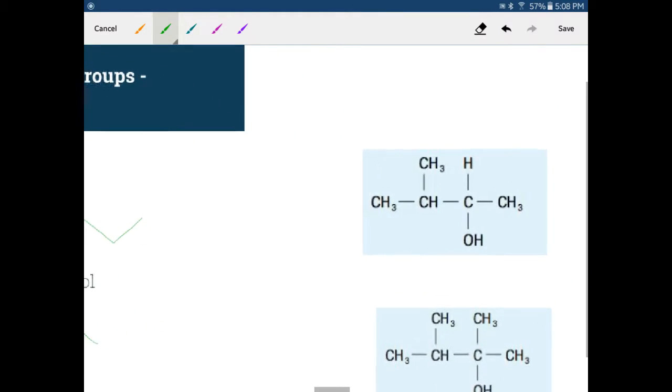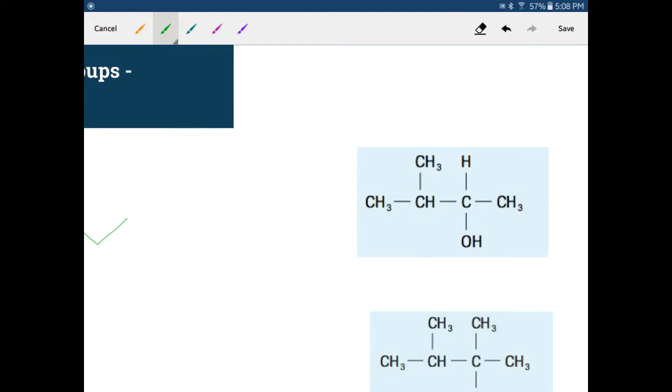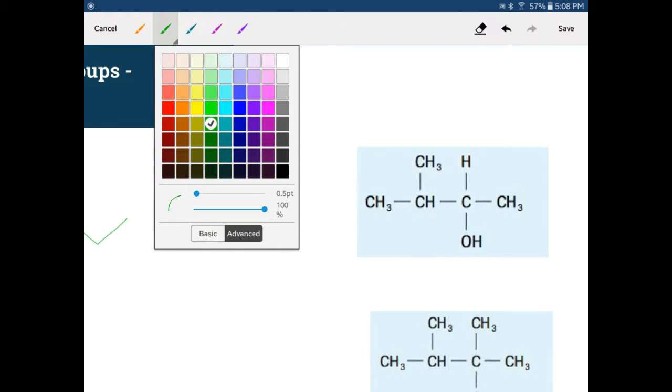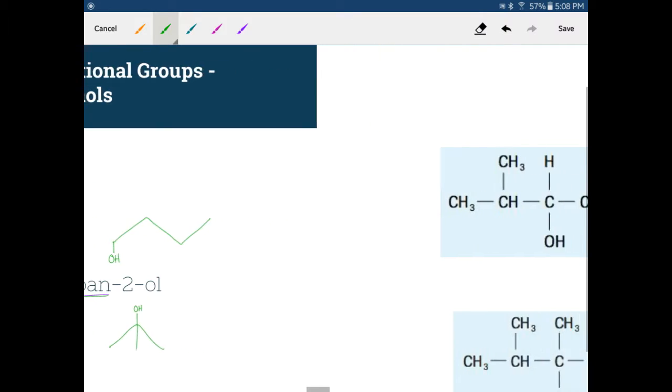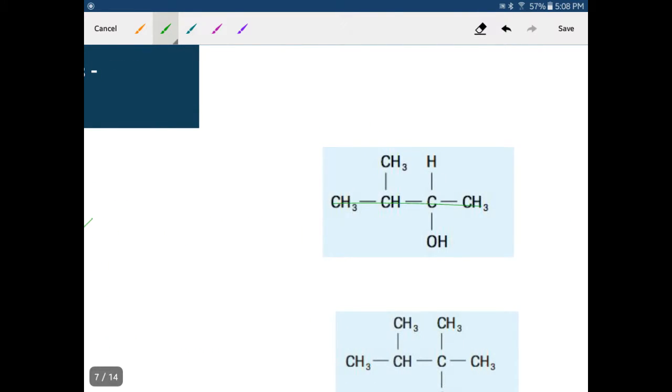If I look at some other examples here of naming these, same thing goes. Always find my longest parent chain, which is this guy here. In this alcohol, I would say it's butan-2-ol as my parent chain.